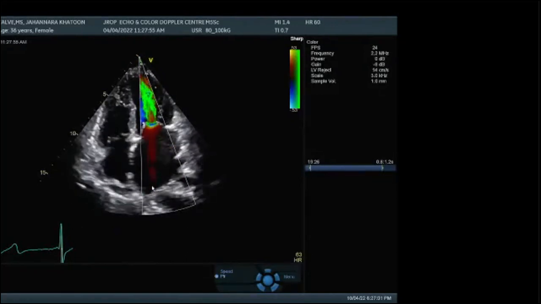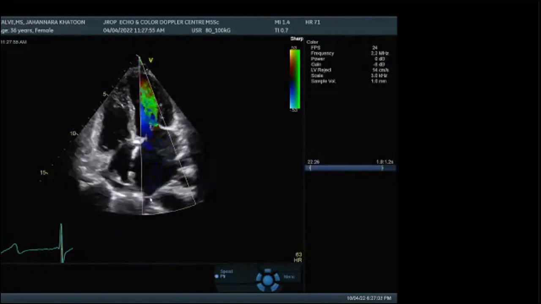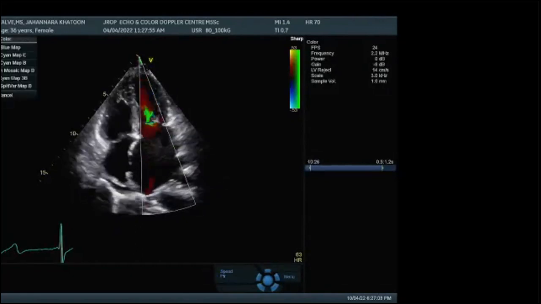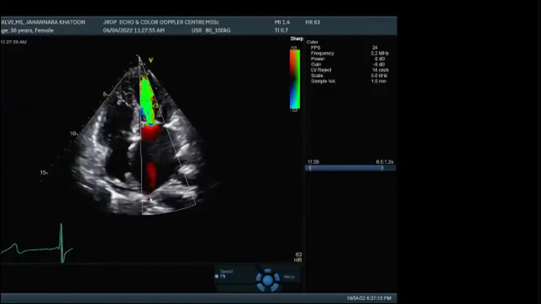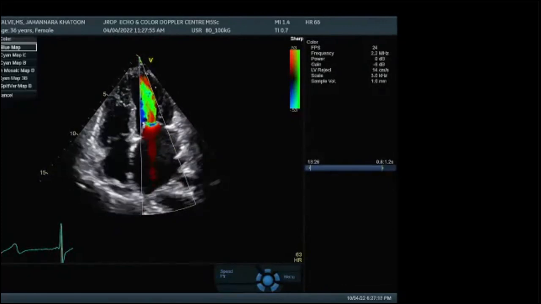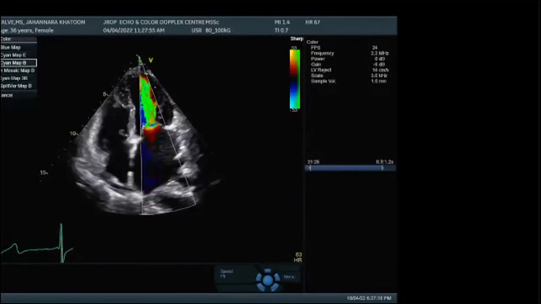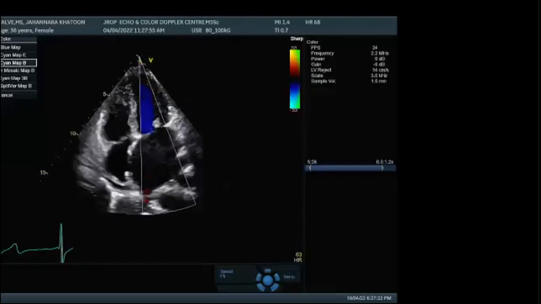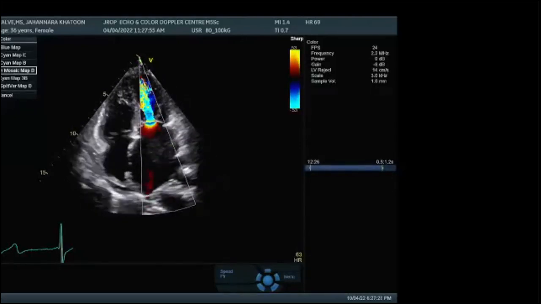Sir, can you change the colors only to blue and red for the same image? Just a minute, let me try. I can do everything on this machine. I have been handling this machine for almost 25 years. I'm showing you all the colors.